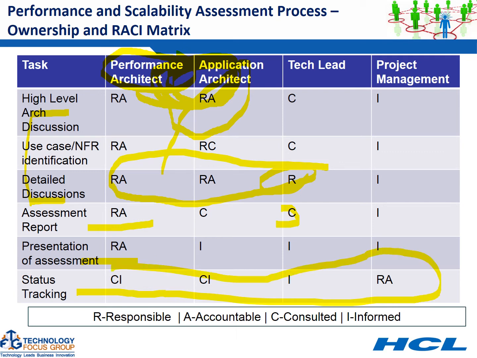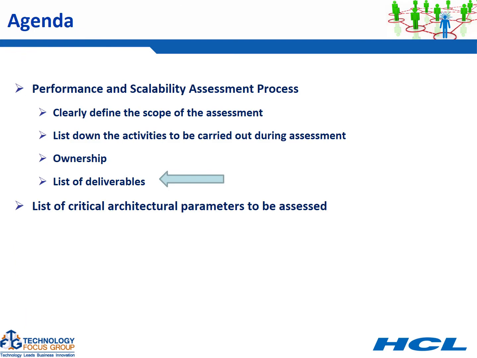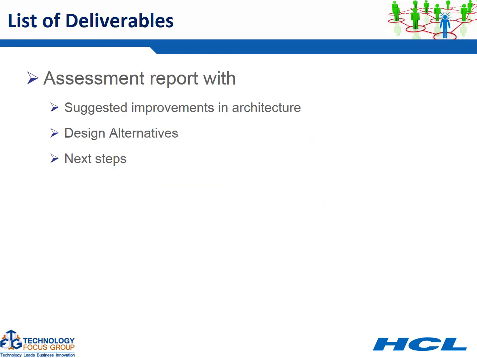And then you start preparing the assessment report, then you will present it, and then there will be normal status tracking by the project management team also. So this ownership matrix will help you in identifying the person. Once you have identified the ownership, you need to have a list of deliverables which you will be delivering at the end of your assessment.